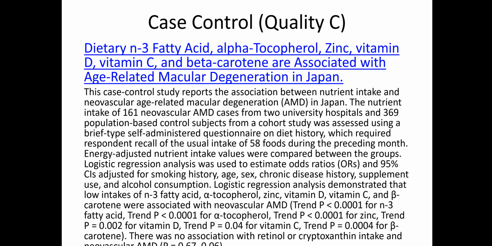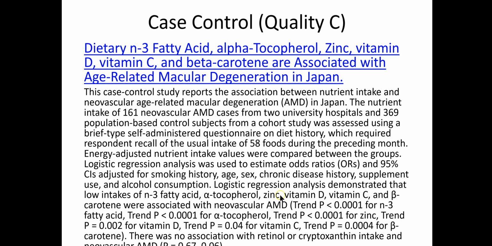A case control study, similar, reports the association between nutrient intake and related AMD. They looked at 161 AMD cases from 2 university hospitals and 369 population-based control subjects from a cohort study. And they used a brief questionnaire with 58 foods on it. And they looked at odds ratios and stuff.